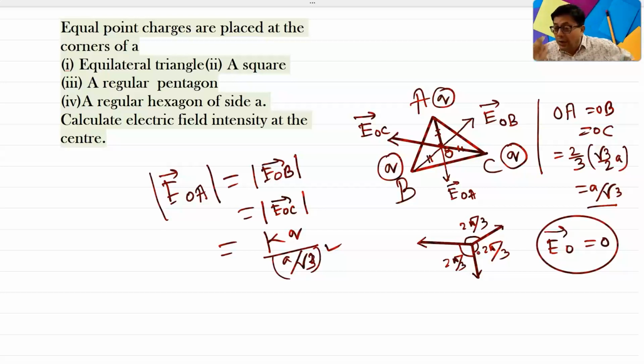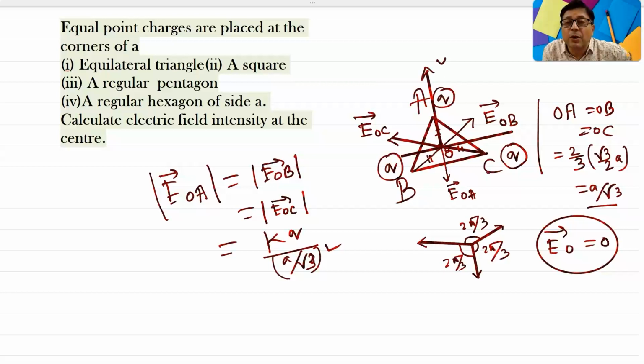Now, if you don't like this method, then I have another suggestion for you, which I am not going to discuss now, but I'll just give you some clue. You take the x-axis this manner, y-axis this manner.